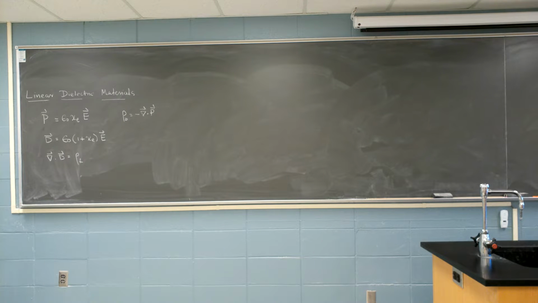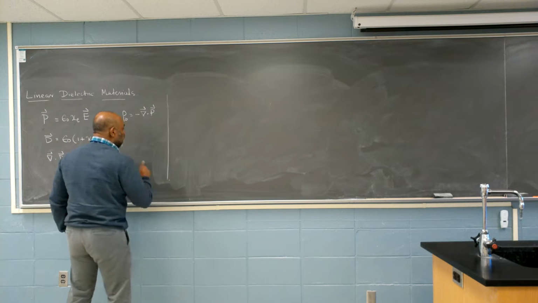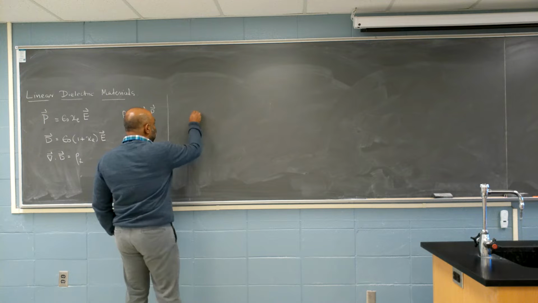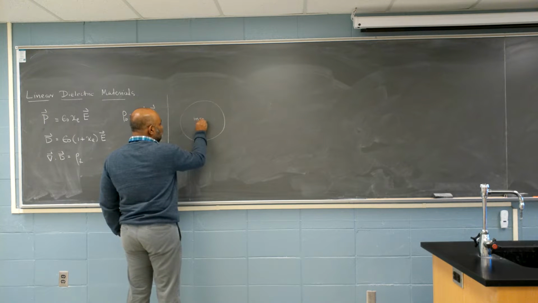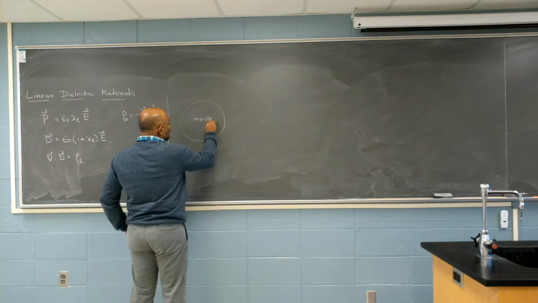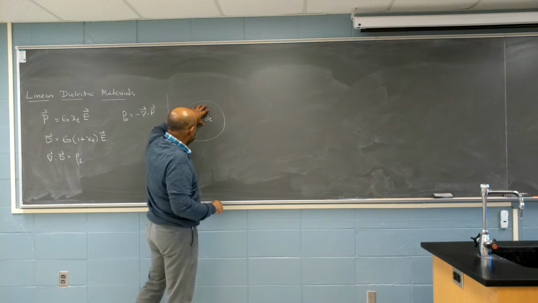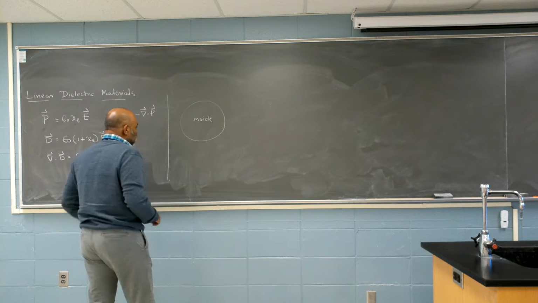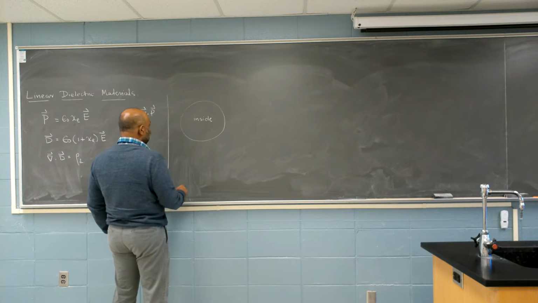And then we had various boundary conditions. Now for linear dielectric materials, inside the bulk, when I say inside, I mean truly inside, not on the boundary. Okay, so this is a linear dielectric material, and then what will you have?